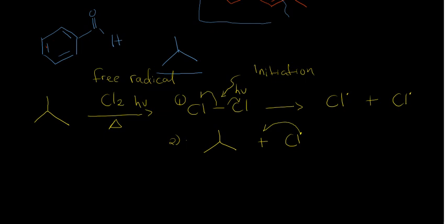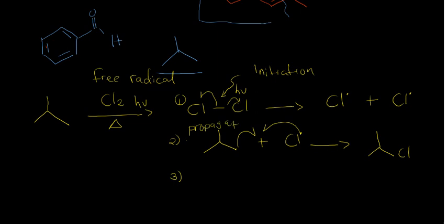Mind you, then we are going to form this, the chlorine there. There are a lot of possibilities: it can attack from here, it can attack from here. This is the propagation step.